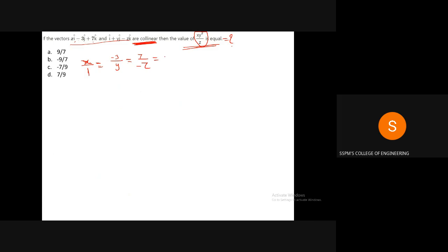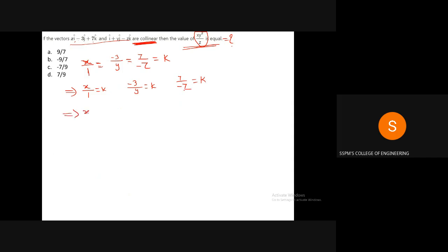And all these ratios are equal to some constant, k. So we can write x upon 1 is equal to k, minus 3 upon y is equal to k, and 7 upon minus z is equal to k as well.